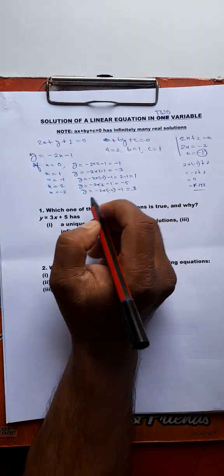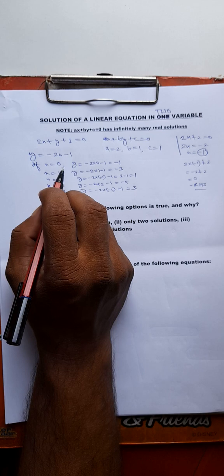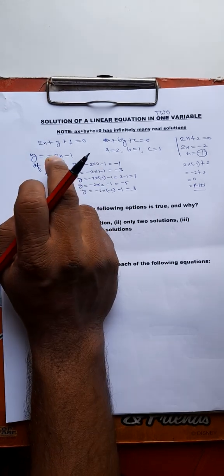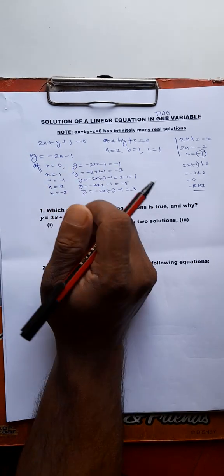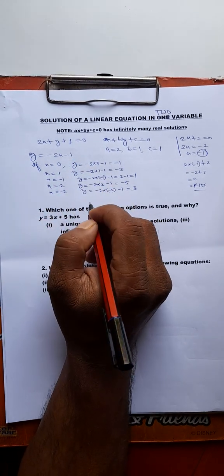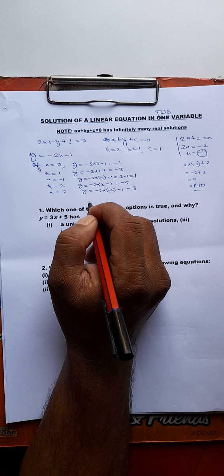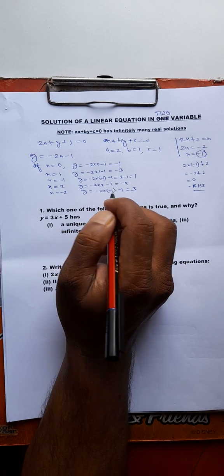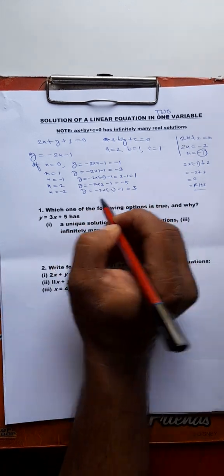Now you see, you can imagine infinitely many real values of x. In that case you will get infinitely many real values of y. That means a linear equation in two variables has infinitely many solutions, right?